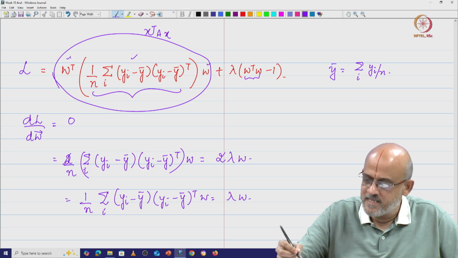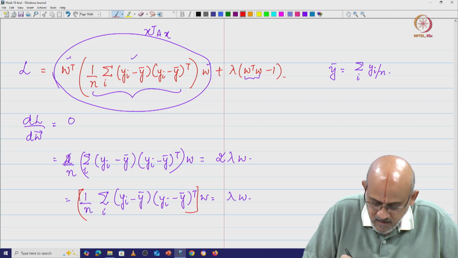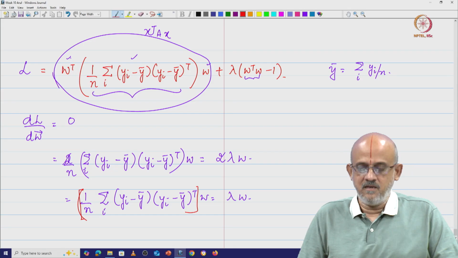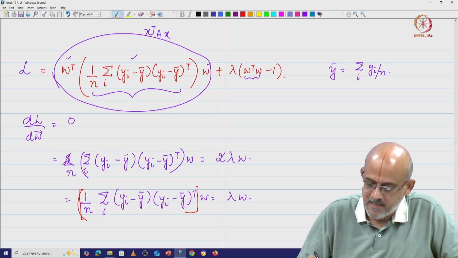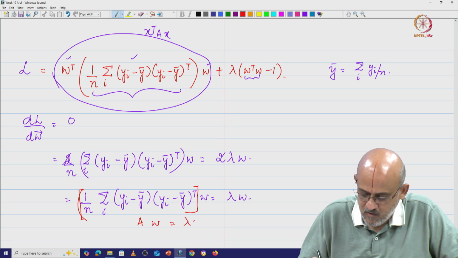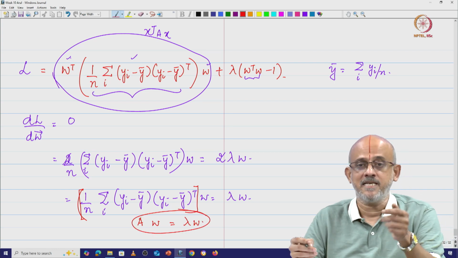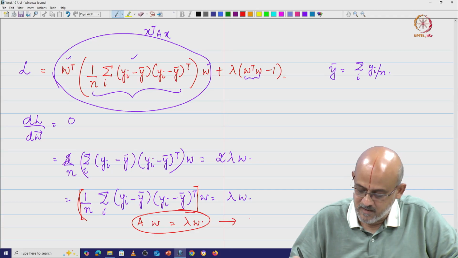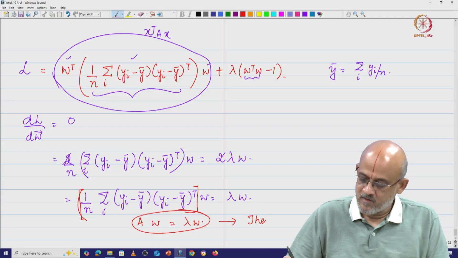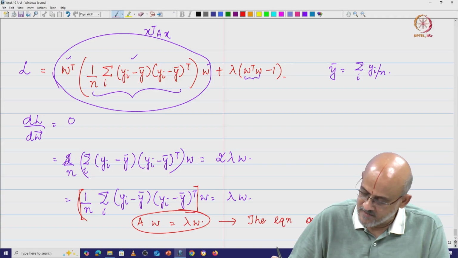If you look at this, this entire thing is a matrix, of the form, let us say, A. So, A W is equal to lambda W. Now, what is that actually? A W is equal to lambda W is basically the equation of the eigenvector.